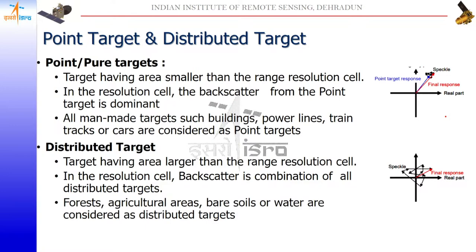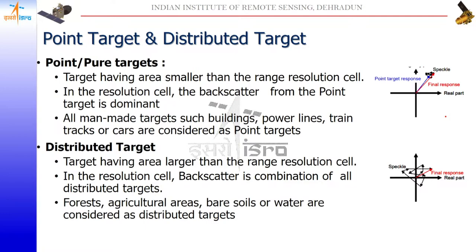All the backscatter information will come from that point target only. Means if there is a corner reflector in the resolution cell and its size is smaller than the resolution cell, then all the backscatter will come due to that one target only. These types of targets are called point targets. All man-made targets like buildings and power lines are considered point targets.